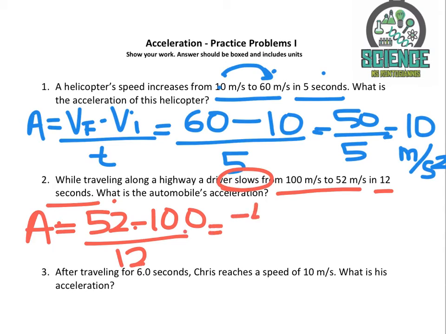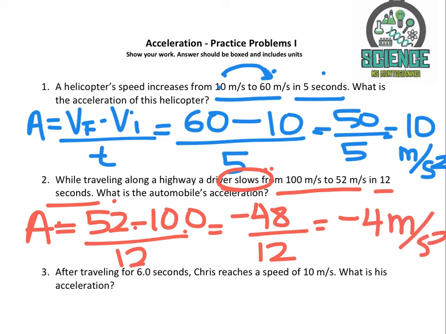So here we have a negative value, which totally makes sense because it's slowing down. And here we have negative 4 meters per second squared.